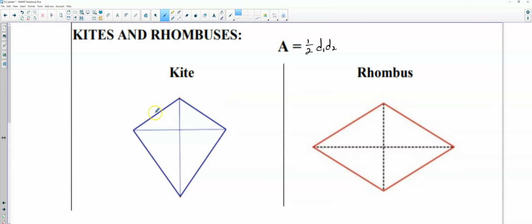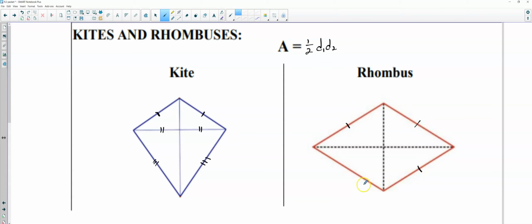Remember, in a kite, this side right here is congruent to this side. This diagonal cuts this diagonal in half, so the long diagonal cuts the short diagonal in half. So this is congruent to that, and this side right here is congruent to this side right here. However, these two are not congruent, so don't ever think that. On a rhombus, all sides are congruent.